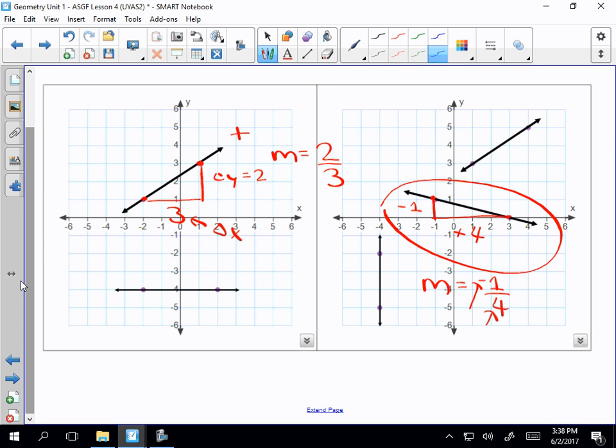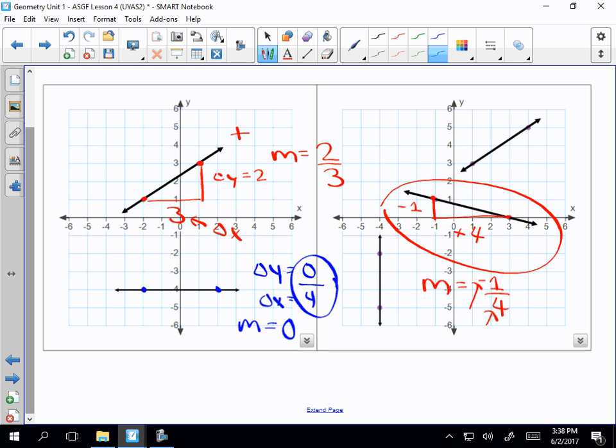One extra one I want to look at here. If we think about what's happening between these 2 points, there is no up-down change in y. It's 0, over our change in x. We do have a change in x of 4, so our slope would be 0 over 4, or a slope of 0.